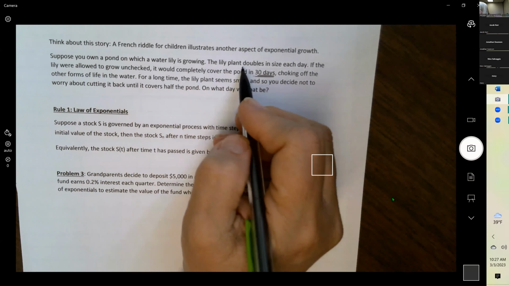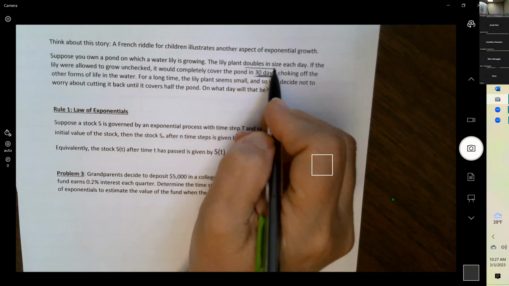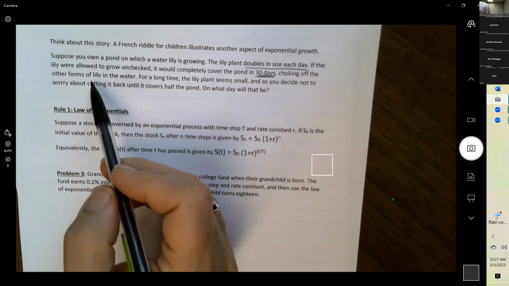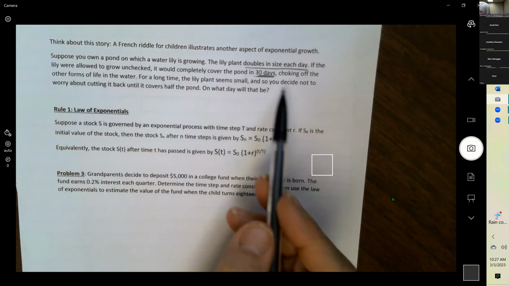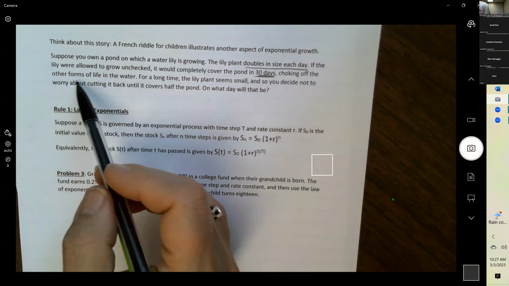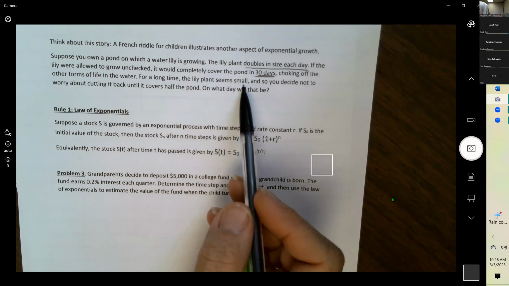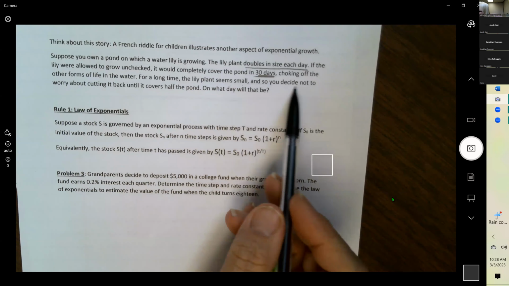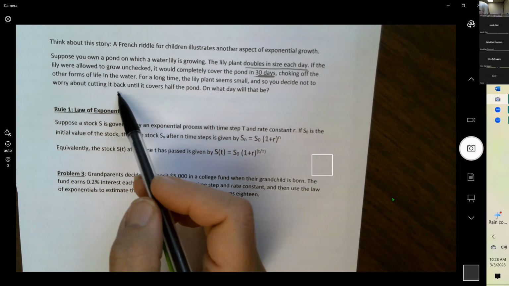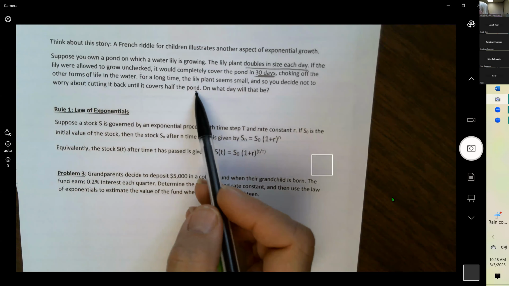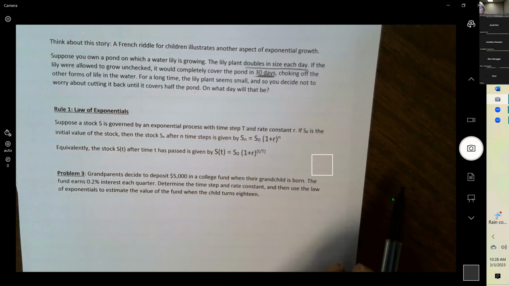So it doubles every day, choking off other forms of life in the water. For a long time, the lily plant seems small, and so you decide not to worry about cutting it back until it covers half the pond. On what day will that be?